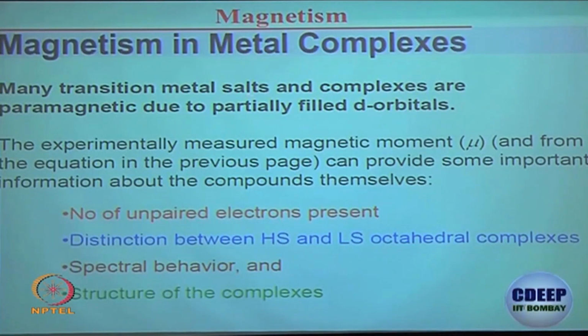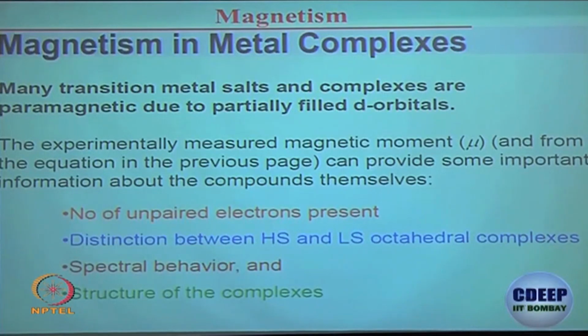Now, many transition metal salts and complexes are paramagnetic, of course, due to their partially filled d orbitals. The moment everything gets filled, you don't get much of a magnetic moment. The experimentally measured magnetic moment and, of course, the equation I was talking about can provide some important information about the compounds themselves.